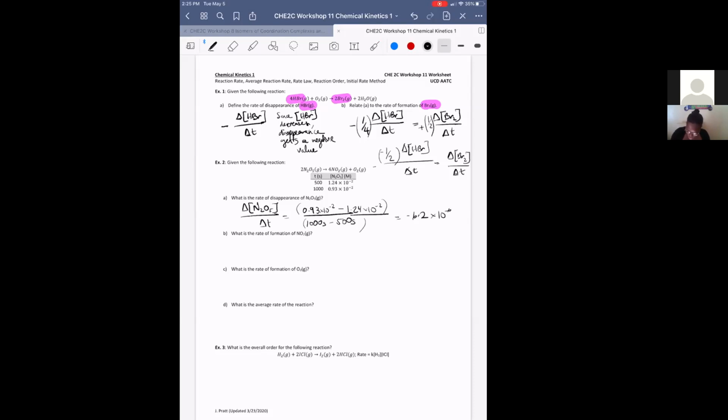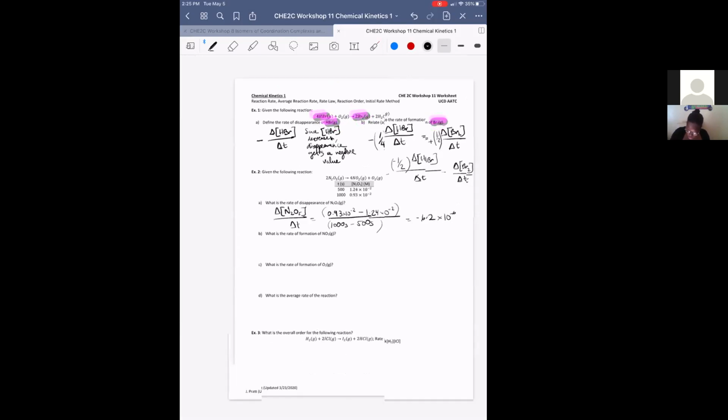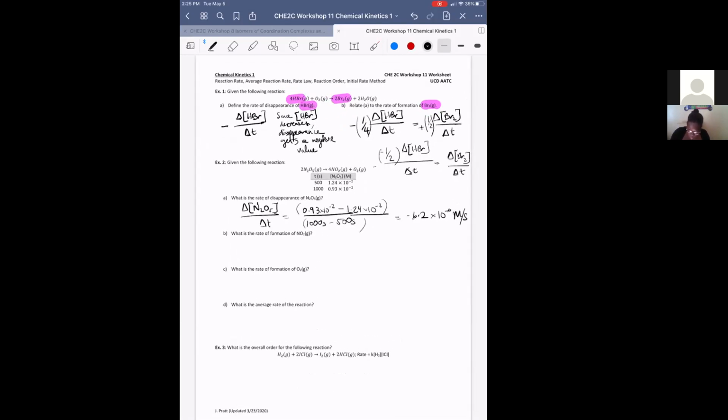Our unit should be molar per second, because the concentrations in the numerator are in molar and in the denominator the units are seconds. So molarity per second. This would be the rate of disappearance of N2O5.